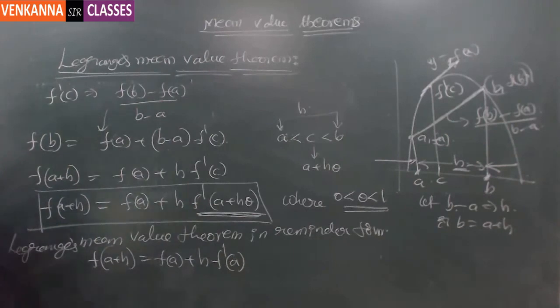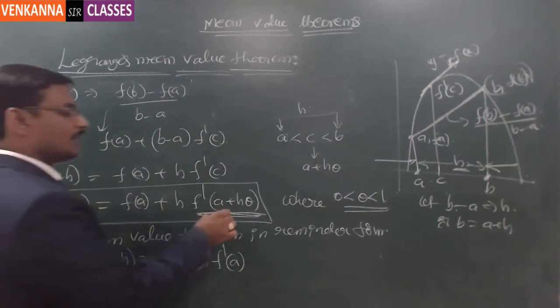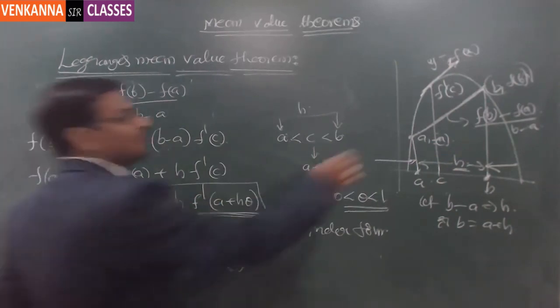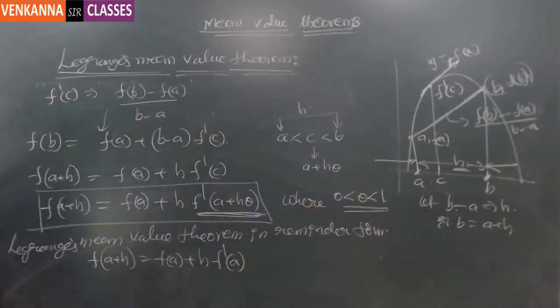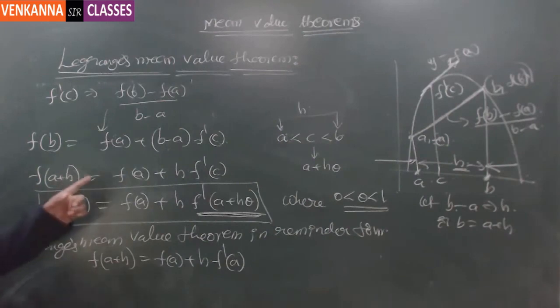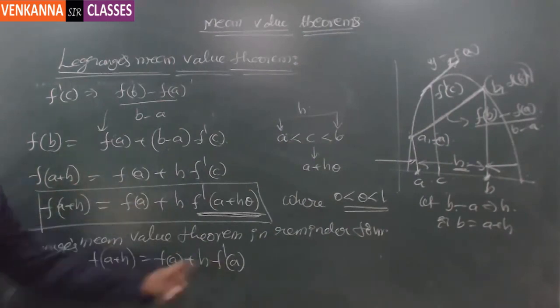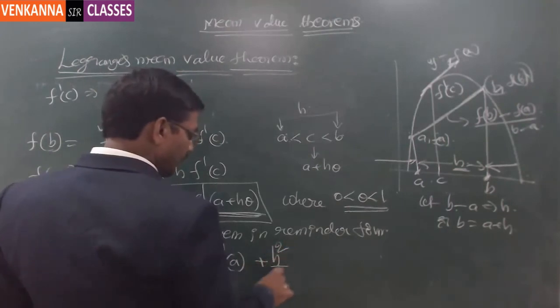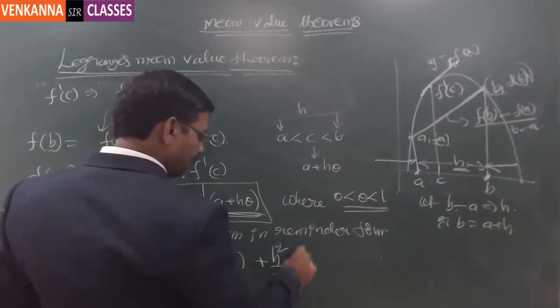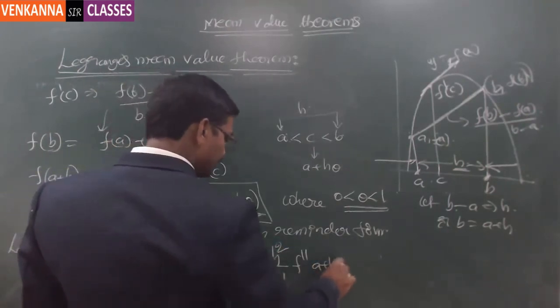So here, f dash of a plus h theta you can treat as g of x. If you apply Lagrange's mean value theorem between these two points, then this will be further expanded, where the function is the derivative function of the original function f. So that's why h times f dash of a plus h square by 2 factorial times f double dash of a plus h theta.